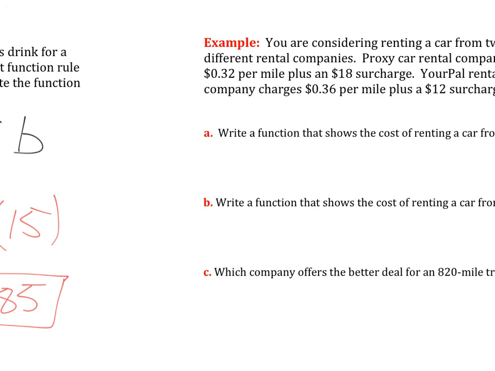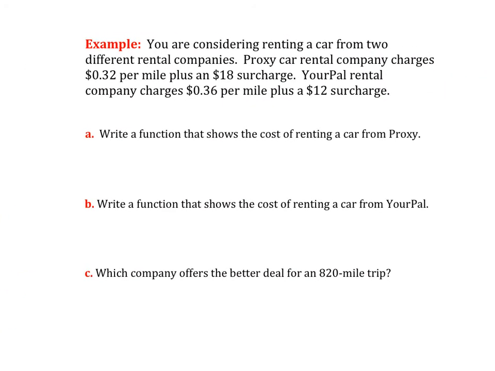All right, last and final one. You're going to rent a car from 2 different rental companies. Proxy Car Rental charges 32 cents per mile plus an $18 surcharge. And Your Pal Rental charges 36 cents per mile plus a $12 surcharge. So we need to do a function rule for each of these.